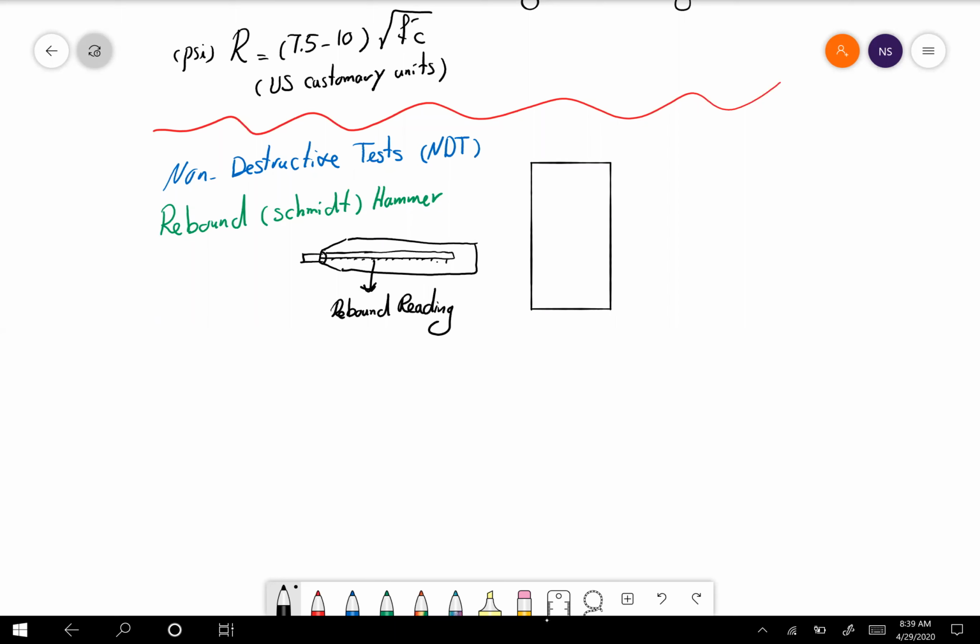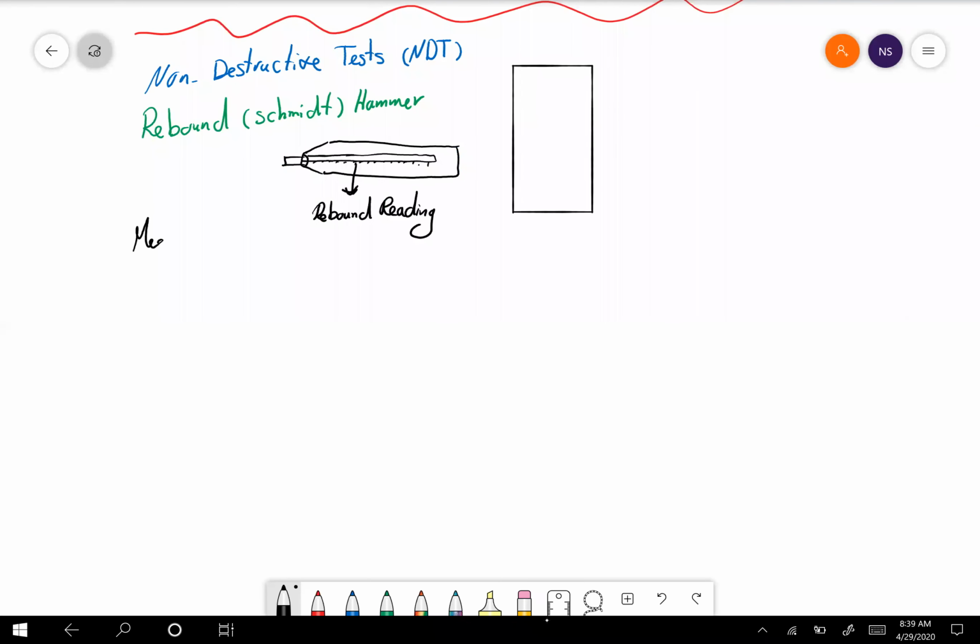measure the hardness of the concrete that can be correlated to strengths, right? So it's basically measuring the energy that's absorbed by the concrete, and you're measuring the hardness of the concrete that can be correlated to strengths.